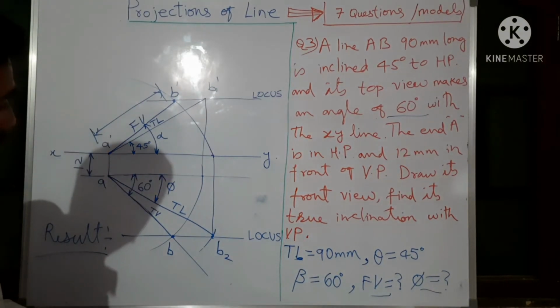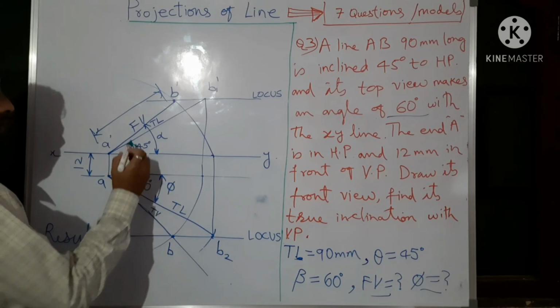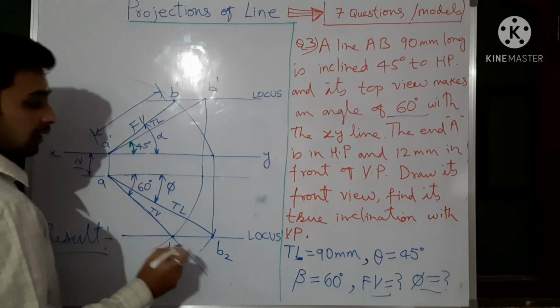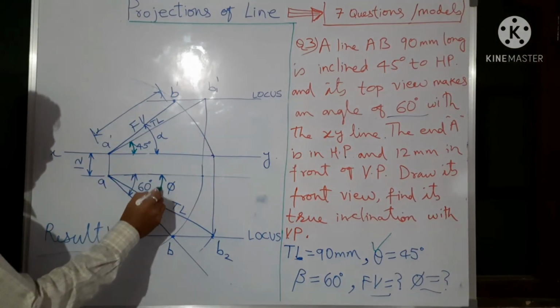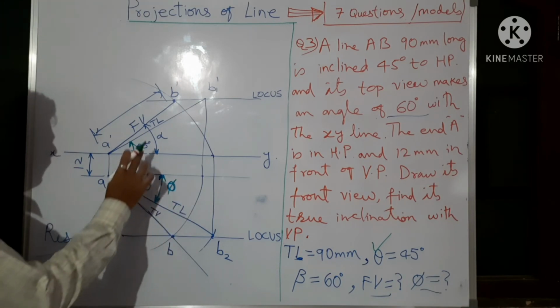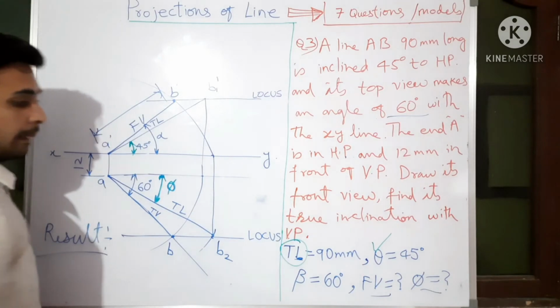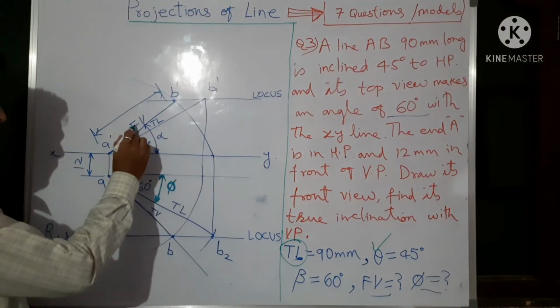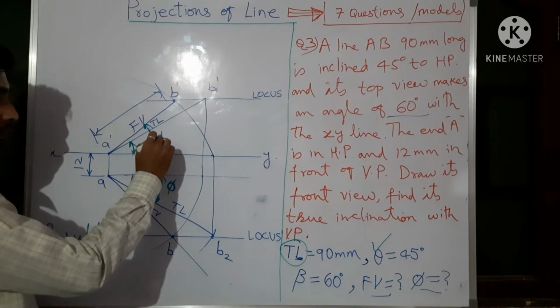Okay. One more time, inclination with HP is called theta. Inclination with VP is called phi. So theta and phi will always be taken with true length. Okay. Front view inclination is alpha.